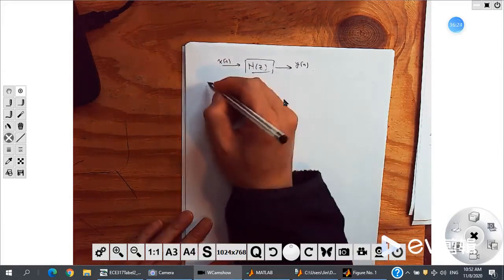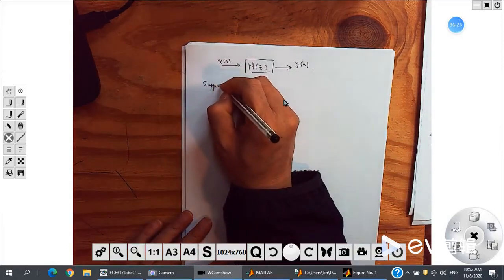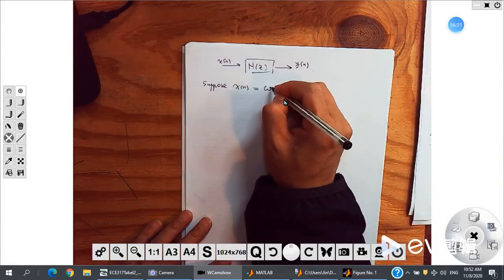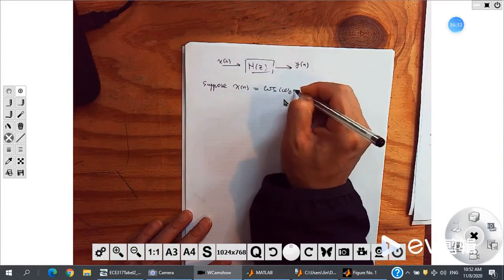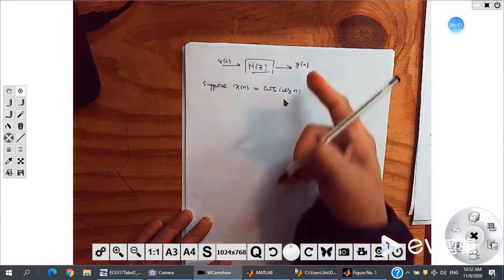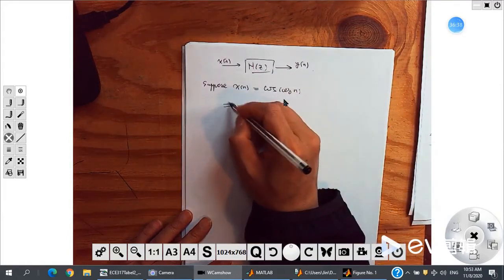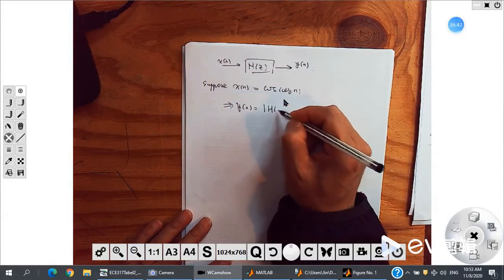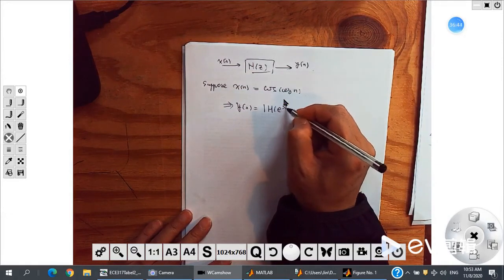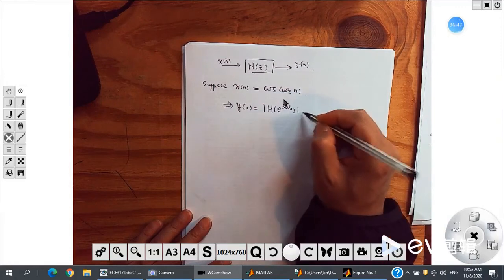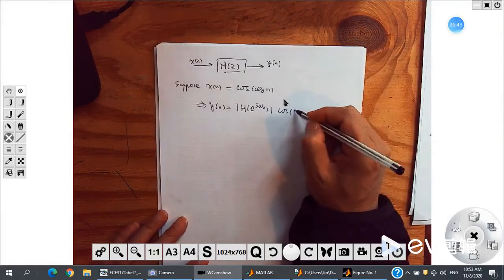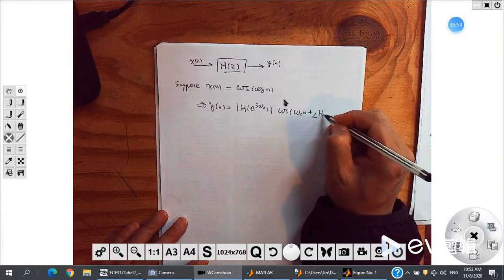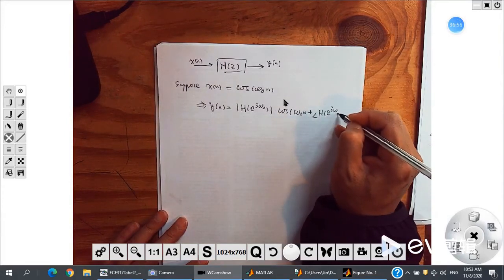We consider the case where x[n] is just cosine of ω0 n. Then y[n] will be the magnitude of H(e^jω0) times cosine of ω0 n plus the angle of H(e^jω0).